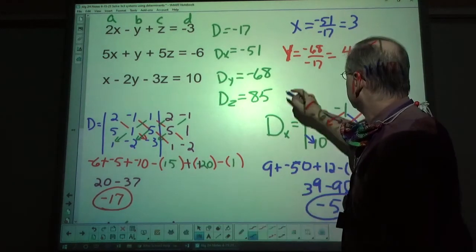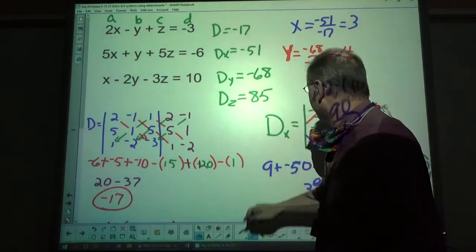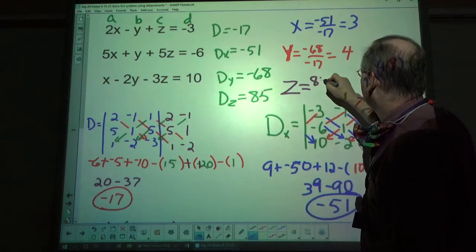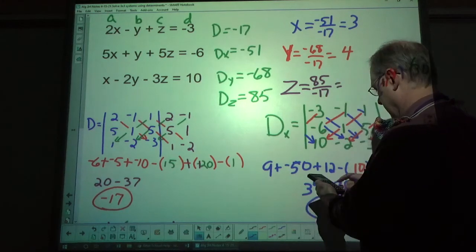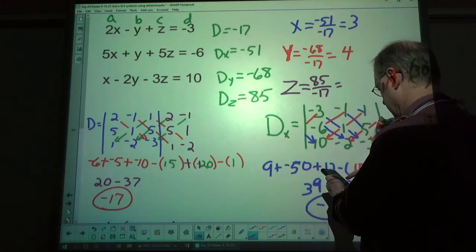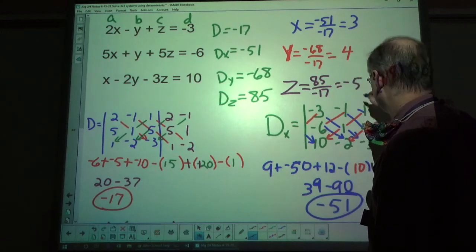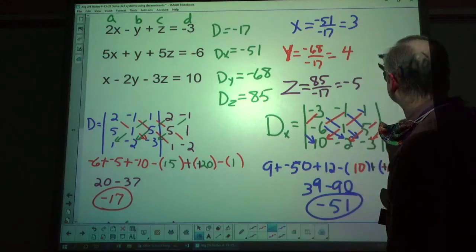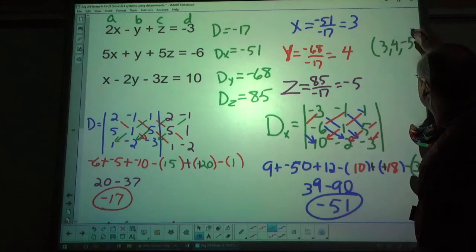And finally, sorry, I keep saying what I'm writing. Z is D sub z, 85 over negative 17. Negative 5. So my final answer here is 3, 4, negative 5.